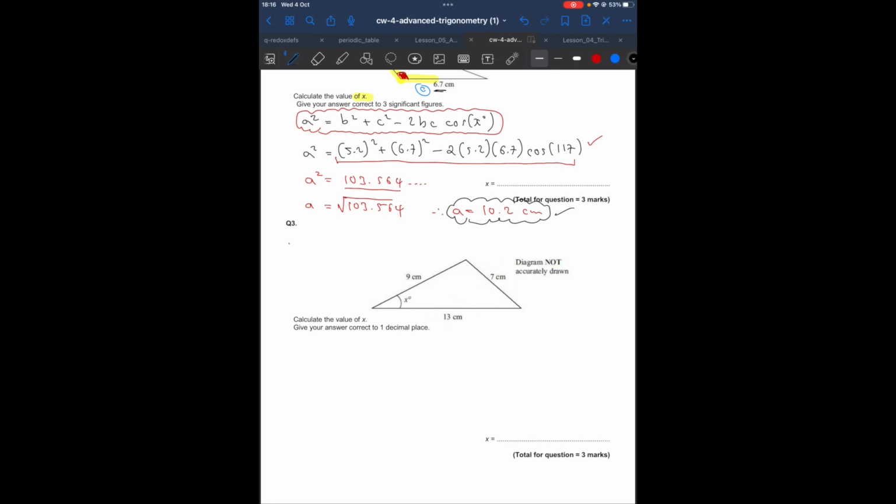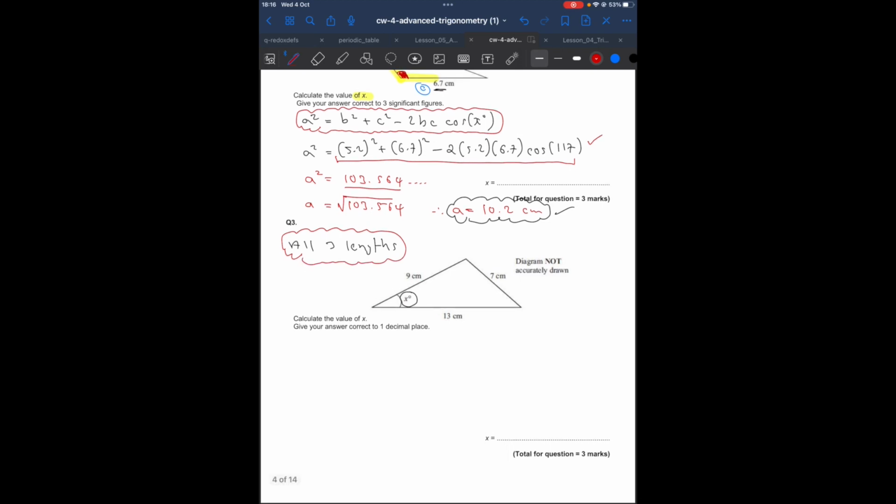So we have all three lengths given to us in the question, and we're asked to work out an angle x. The fact that we're given all three lengths is extremely indicative that you have to use the cosine rule to work out this angle.